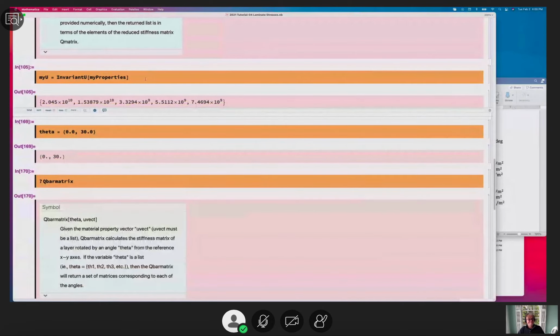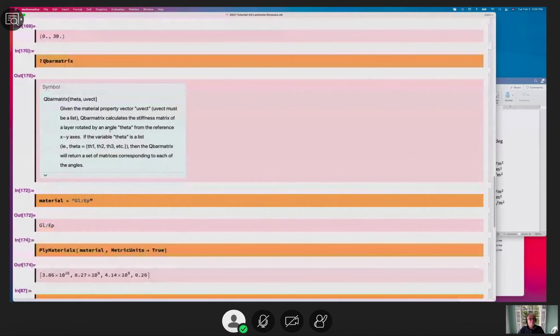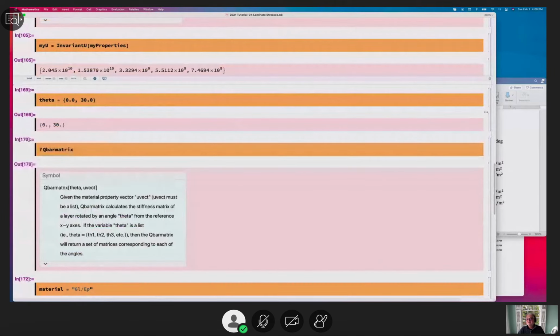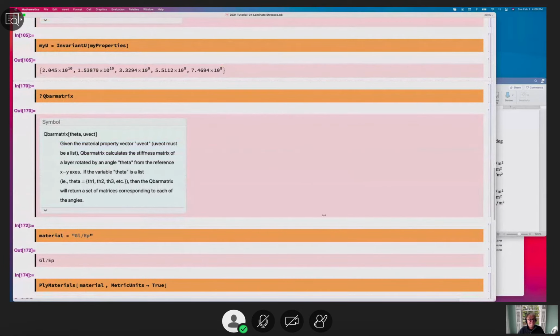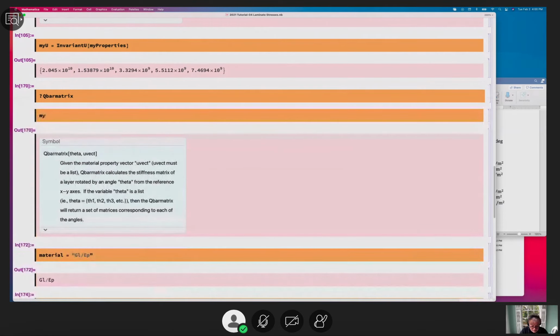This is the U. So now I can call the Q-bar matrix. I'm going to cut this off from here. Okay, that's my U. All right. My QB, affectionately called my QB, is equal to Q bar matrix.